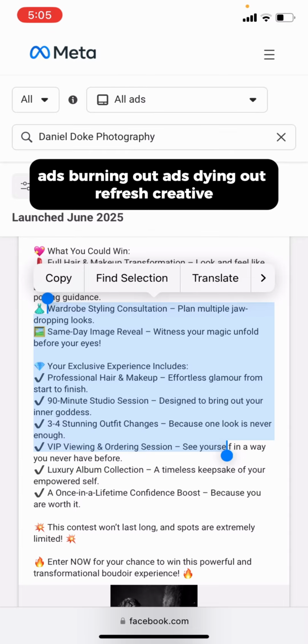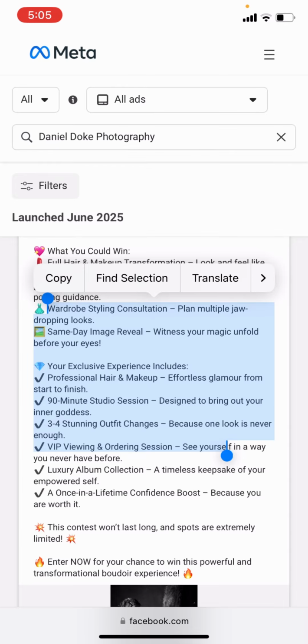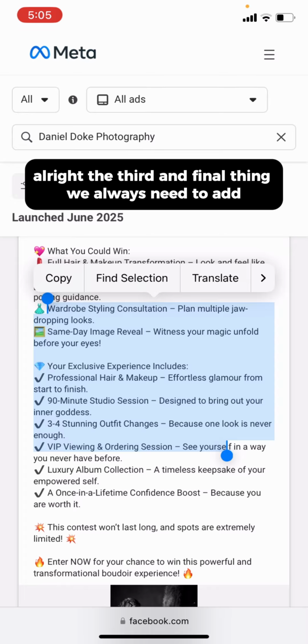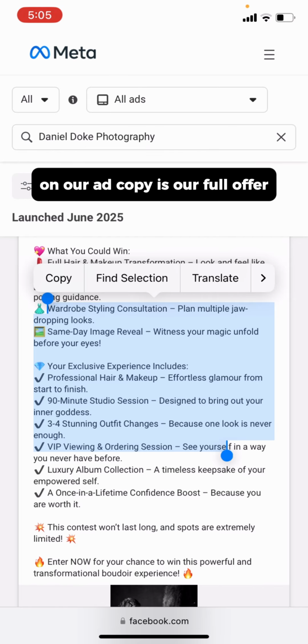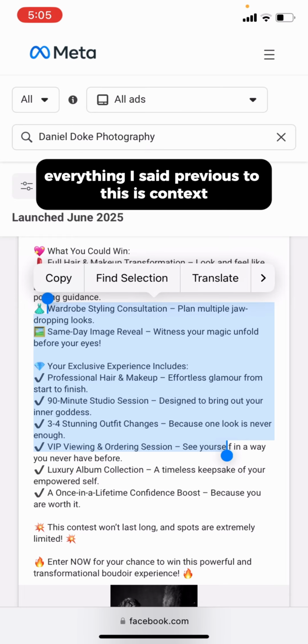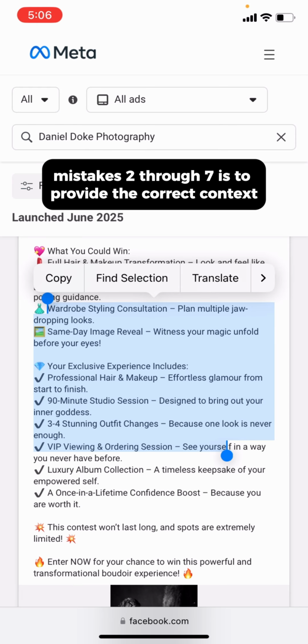Ads burning out, ads dying out, refresh creative. All right, the third and final thing we always need to have in our ad copy is our full offer. Everything I said previous to this is context. Mistakes 2 through 7 are to provide the correct context.